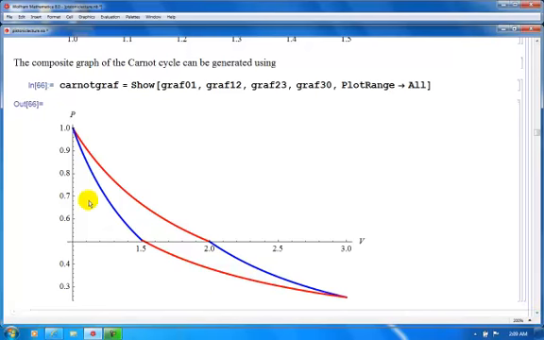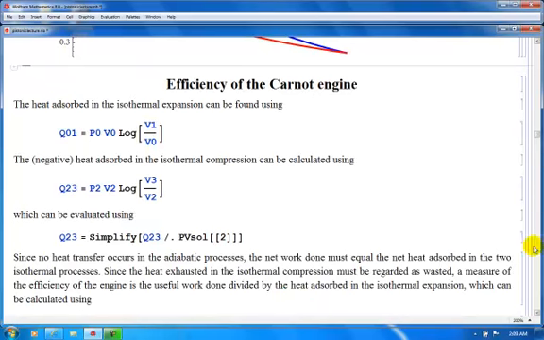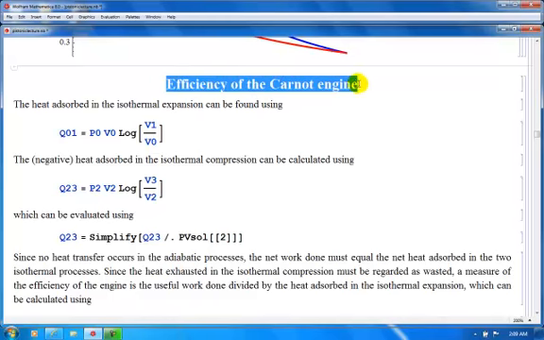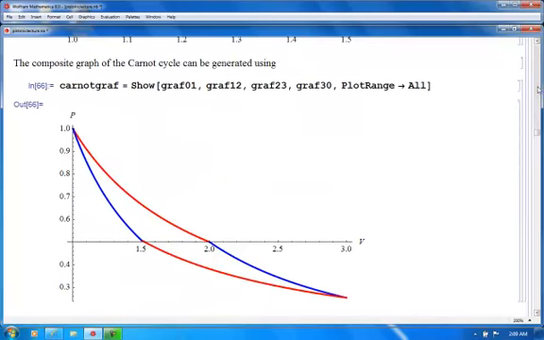So let's now look at the consequences of that. Let's look at the efficiency of the Carnot engine. And what do we mean by efficiency? Well, we're going to define that in a minute. But basically, if we look at this, up here, heat is absorbed during the isothermal expansion, and some work is done.